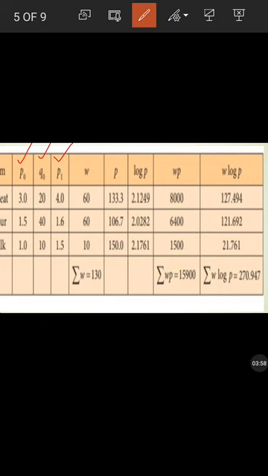So these 3 variables are given in the question, and we have to calculate W and P. W is equal to P0 into Q0. So we multiply P0 into Q0. 3.0 into 20 is 60, and 1.5 into 40 is 60. Again 1.0 into 10 is 10.